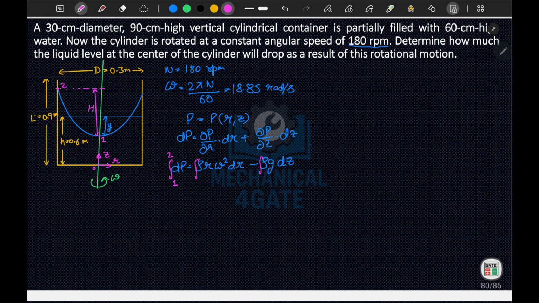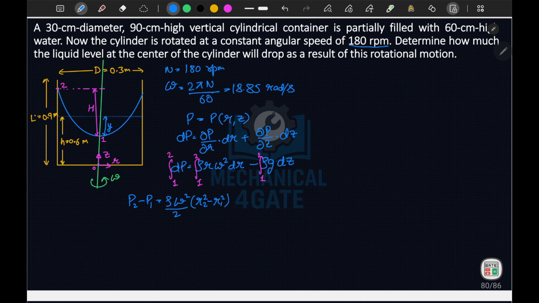So this will become P2 minus P1, and since both are your atmospheric pressure, let's write P2 minus P1 is equal to rho. Now this is your omega square, and your integration of r omega square will be divided by 2 times r2 square minus r1 square.